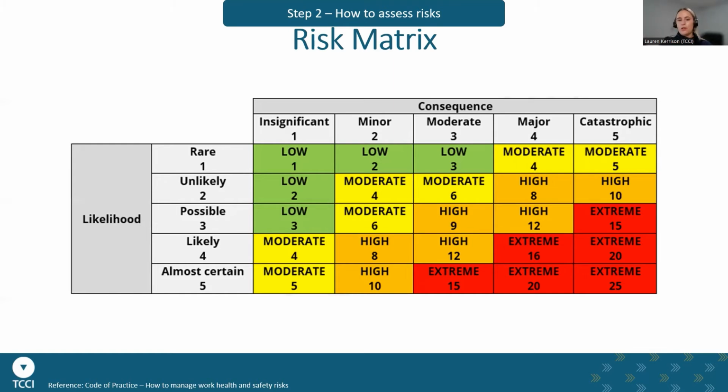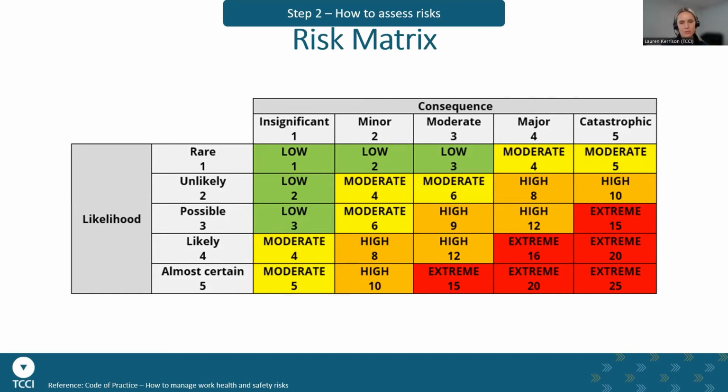Depending on the definitions within the business, a 3, usually the moderate one, is kind of like needing some GP appointments and physio, maybe hospital to get a stitch, something along those lines. Major is usually something more serious, an impactful disease or illness that's had that person off work for a certain amount of time. And catastrophic is a fatal hazard.